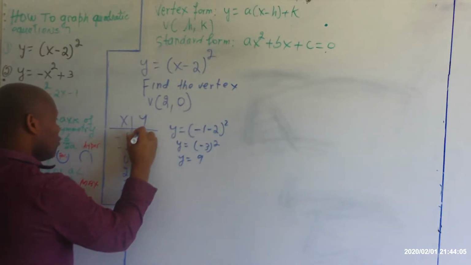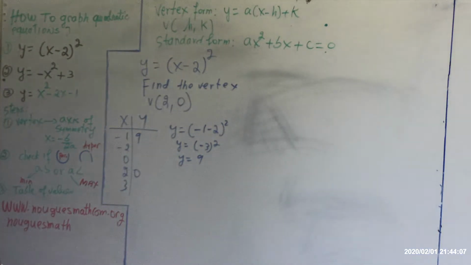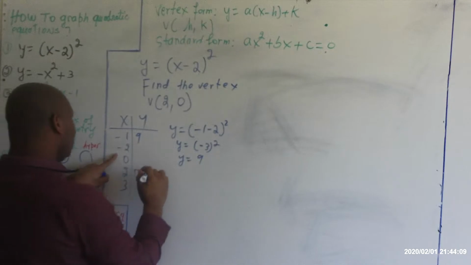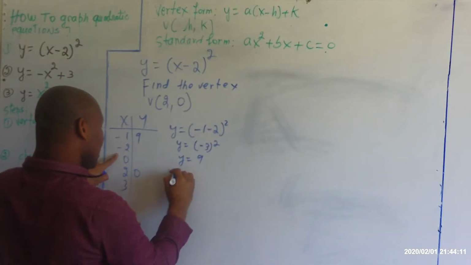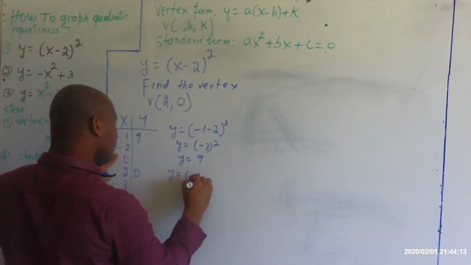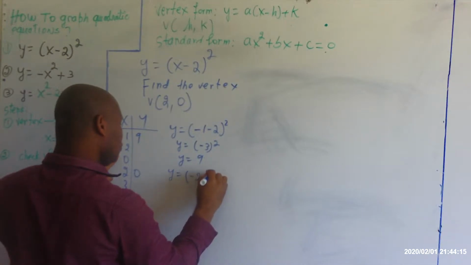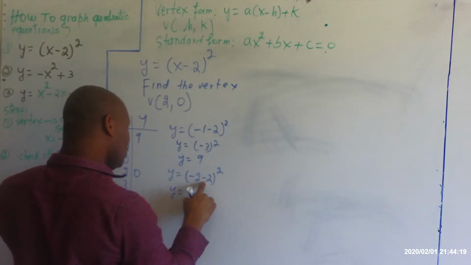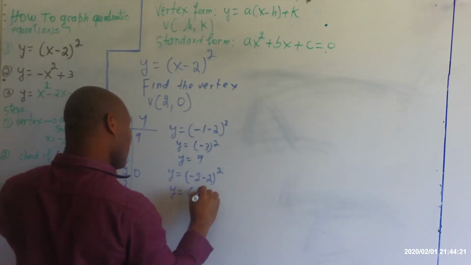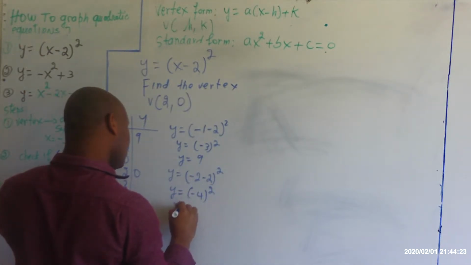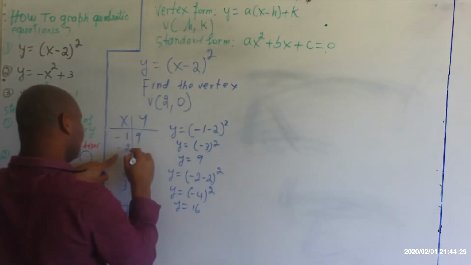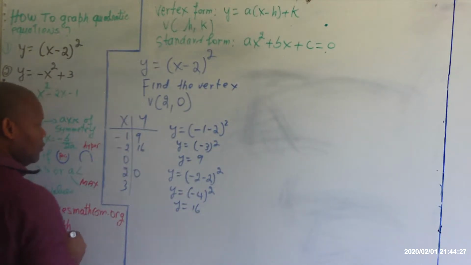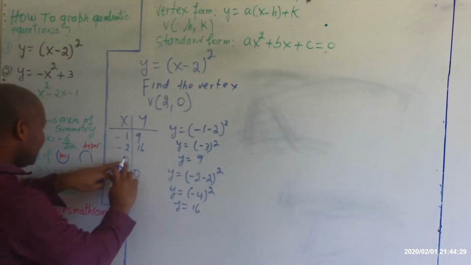So you write 9, y equals 9. Now let's place negative 2. y equals negative 2 minus 2, that's negative 4, to the power 2. That's going to be 16.